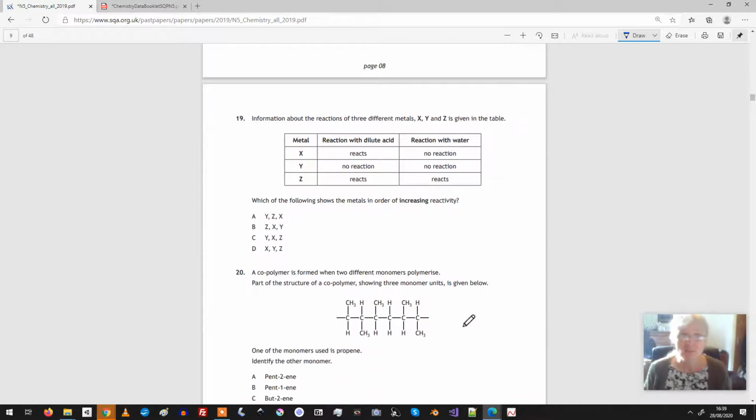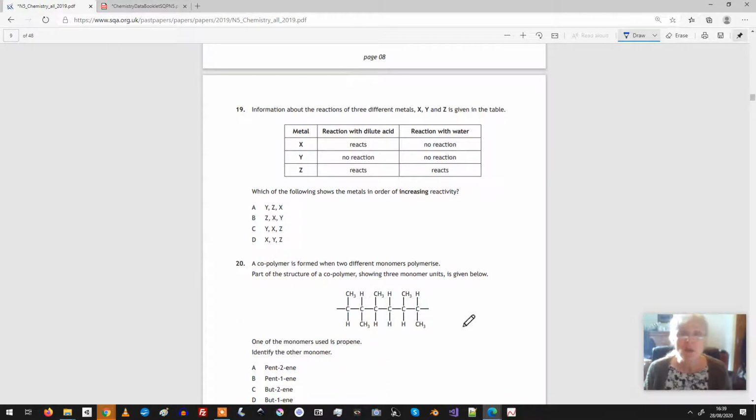Question 19. Information about the reactions of 3 different metals are given in the table. Which of the following shows the metals in their order of increasing reactivity? So the one that reacts the most is the most reactive. Most. The one that reacts the least is the least.